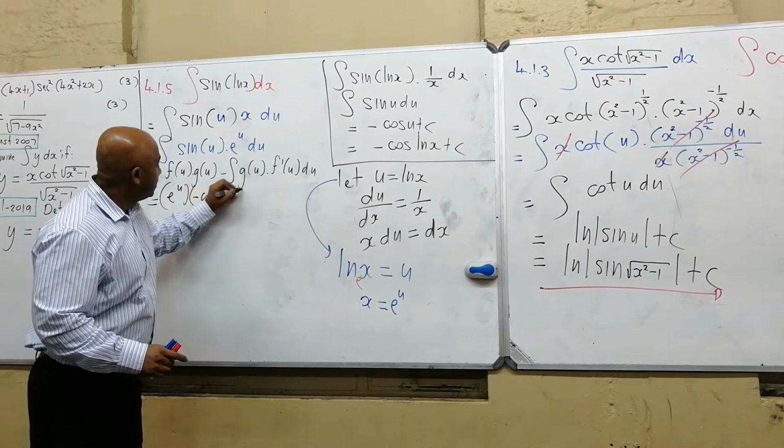So now I got my minus e to the power u cos u. Minus times minus is a plus. And now integration by parts for the second time. Okay, so it's going to be f of u, g of u, minus the integral of g of u times f prime u du.